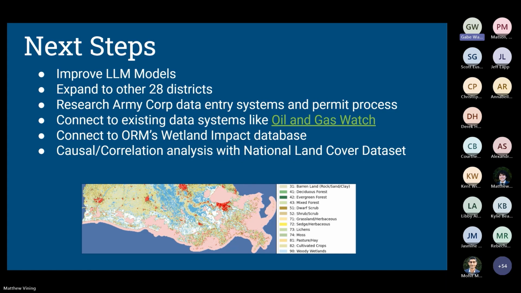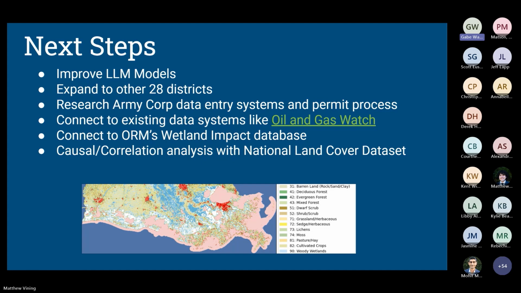So that's sort of our first charge, is to tweak and improve models. There's also a thought that there are 32 other Army Corps districts around the country, and we've just covered 4 of them. Certain areas are going to have different types of issues other than or including oil and gas.